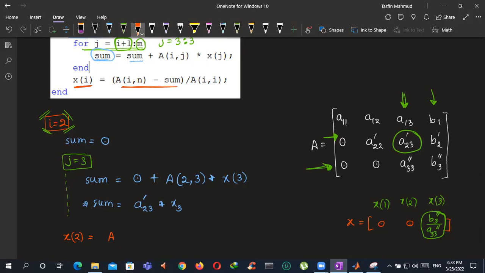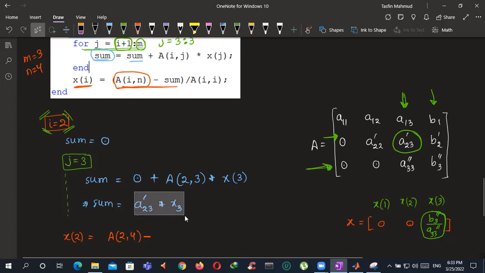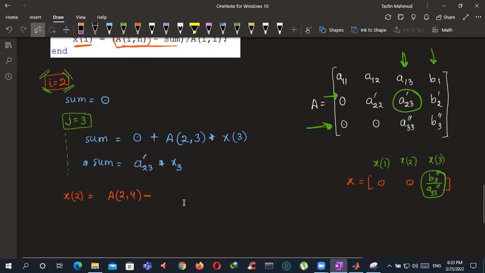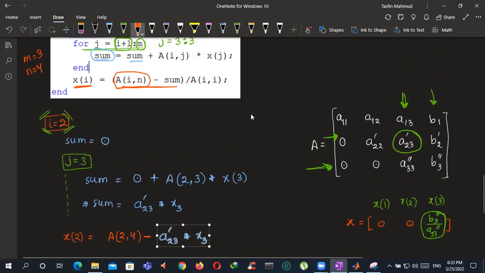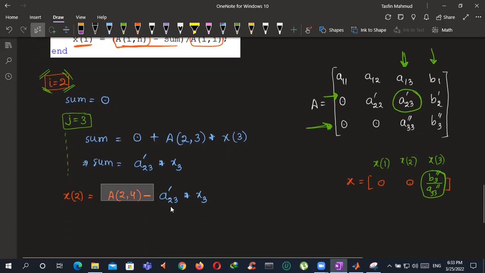So 2 comma n is 2,4, since m was 3 and n was 4, minus the value of the sum. And we are dividing it by aii. The value of I is 2, so we are dividing this whole thing by a2,2.